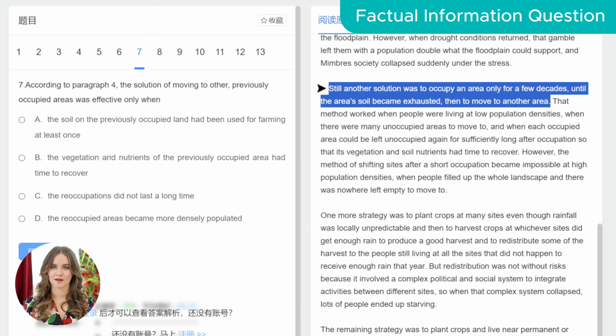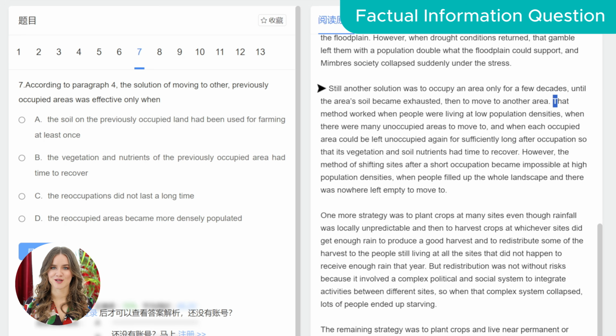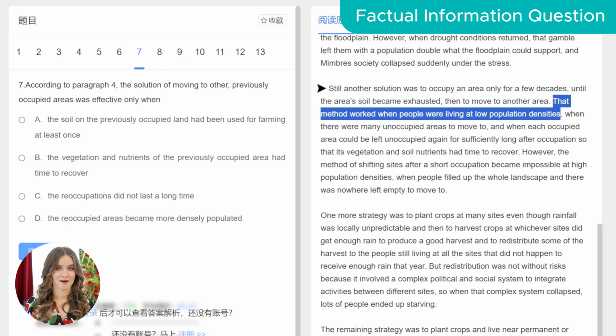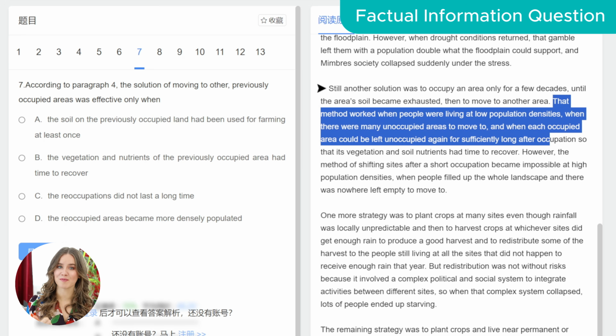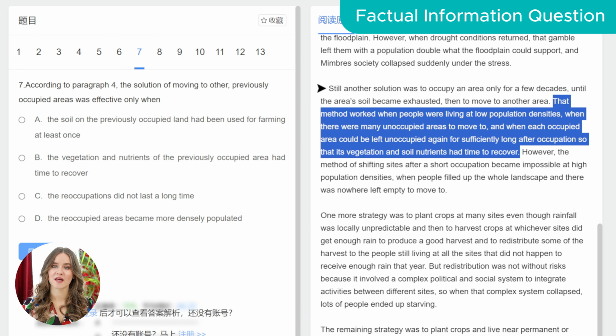I keep reading and I see that method worked when people were living at low population densities, when there were many unoccupied areas to move to, and when each occupied area could be left unoccupied again for sufficiently long after occupation, so its vegetation and soil nutrients had time to recover.